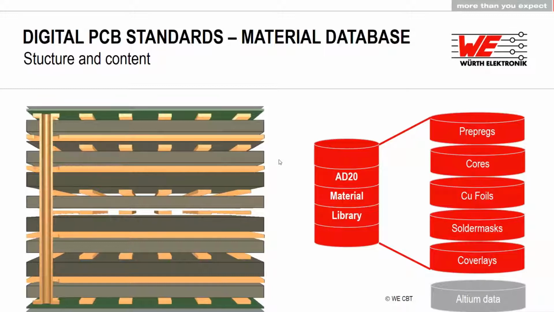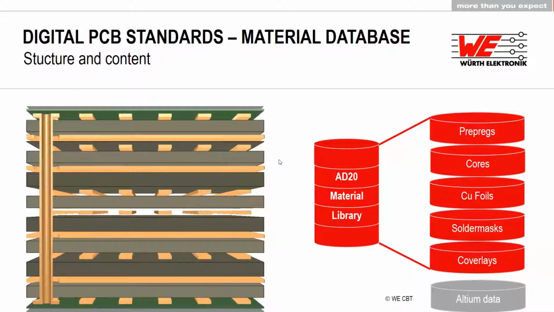And on top of this Altium data, we have created several categories of material, for example, prepregs, cores, copper foils, solder masks, and coverlay bond plies, especially for layer stacks.